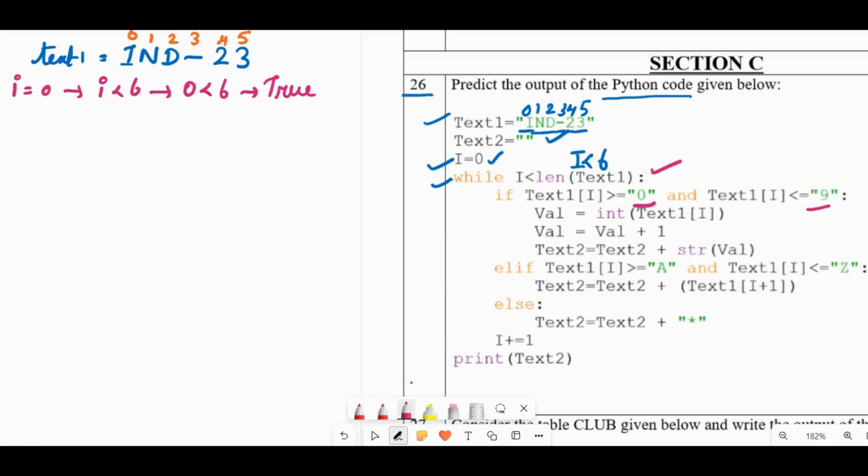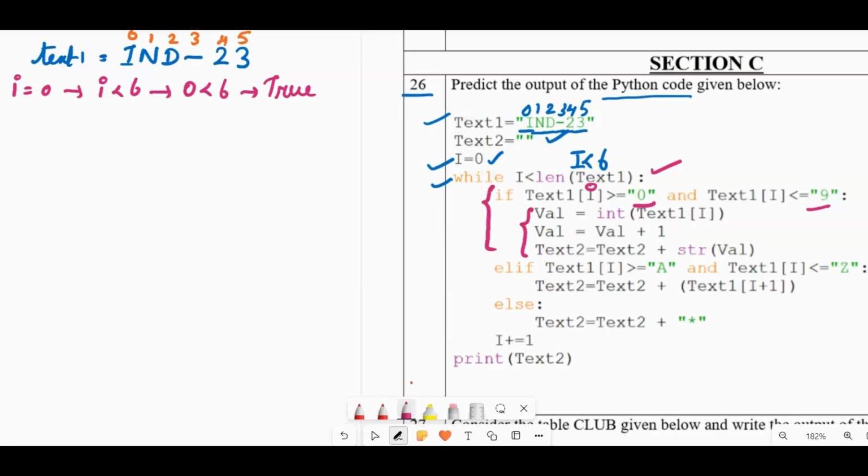Let us see what is in text 1 of I. I is 0 now, so what is in text 1 of 0? We should see the 0th index in text 1. Under the 0th index we have I, which is an alphabetical character. We cannot compare an alphabetical character in this if condition, so the if condition fails.